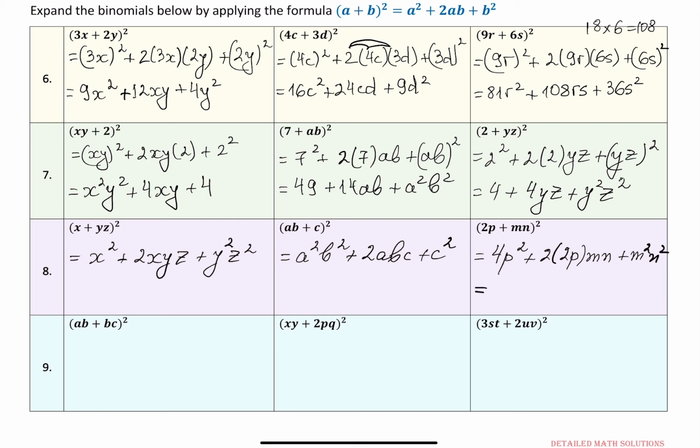If we simplify the middle term, this equals 4p squared plus 4pmn plus m squared n squared.